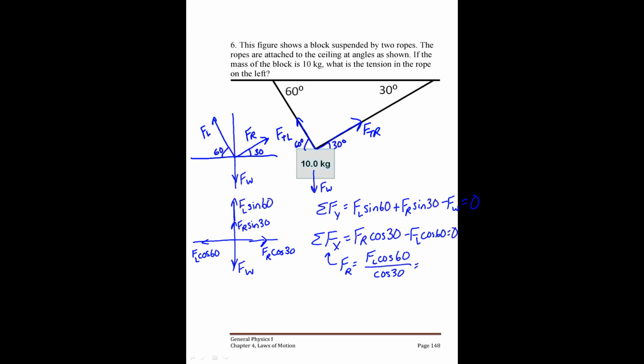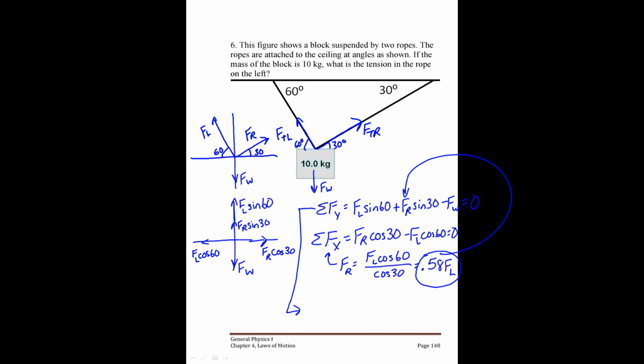That means that FR is 0.58 times FL. So I'm going to take this expression for FR and plug it in here. It's a system of equations. And then I can come back and solve this for FL.